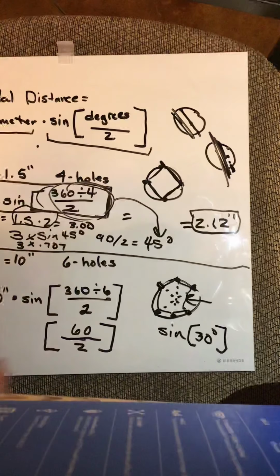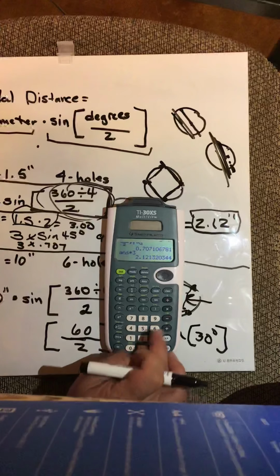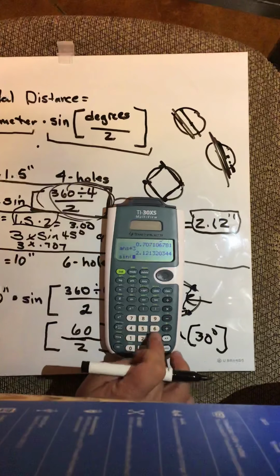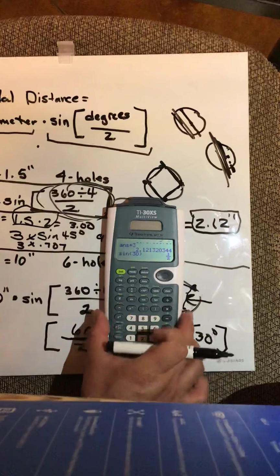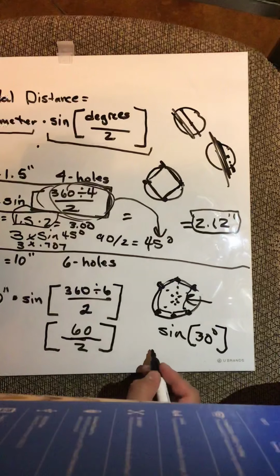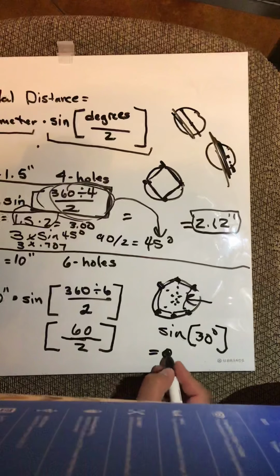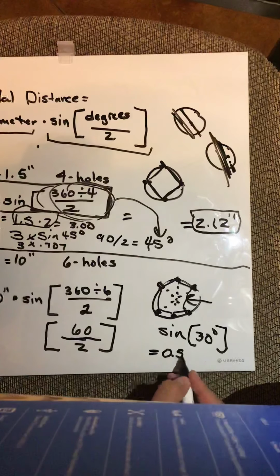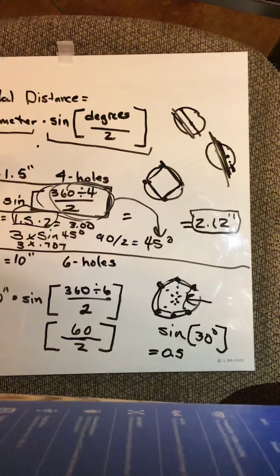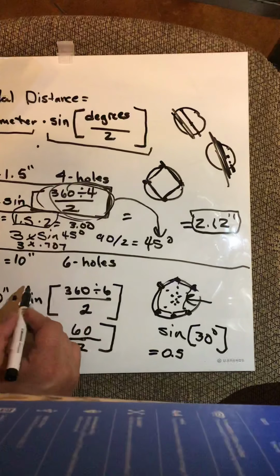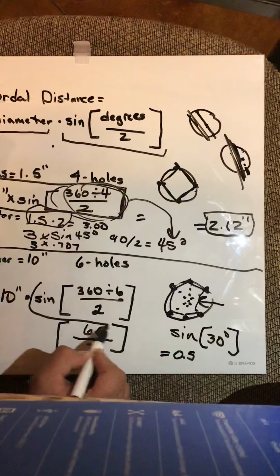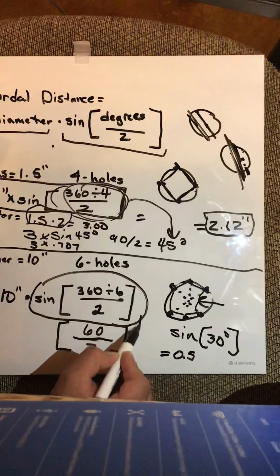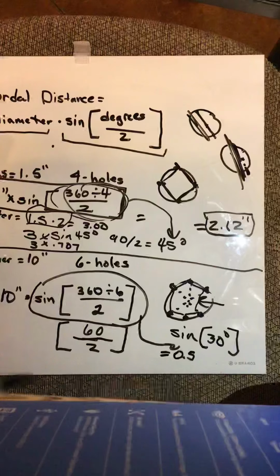So I'm going to enter it in my calculator. The sine of 30 degrees gives me 1/2, or 1 over 2, or 0.5, or a half. Once I work everything out, that's what it equals.